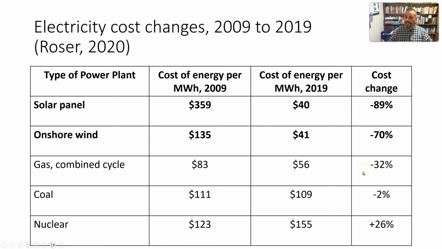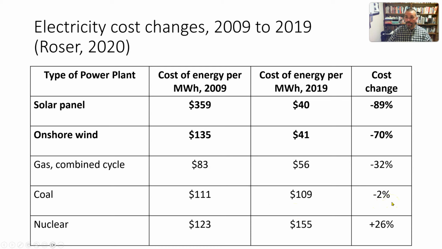It wasn't nearly as dramatic, but even so, it declined by 32%. Coal hasn't basically changed at all in price. All of these prices, I should mention, are adjusted for inflation, so they do take into account that prices did tend to increase overall. But even so, we find that the cost of coal was virtually unchanged.